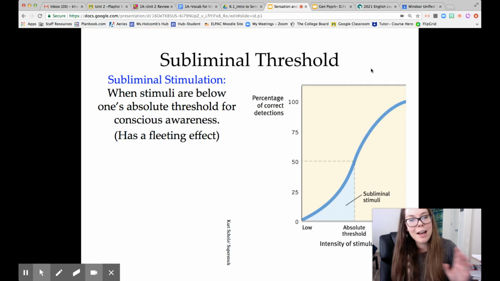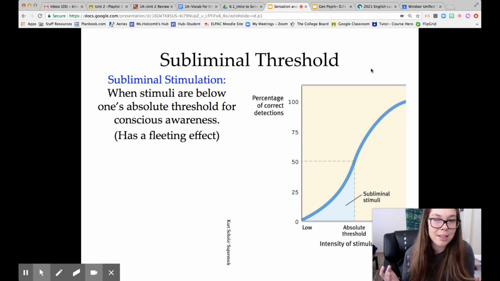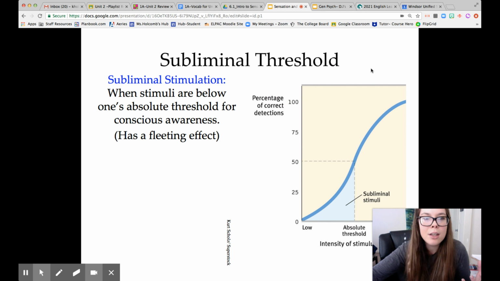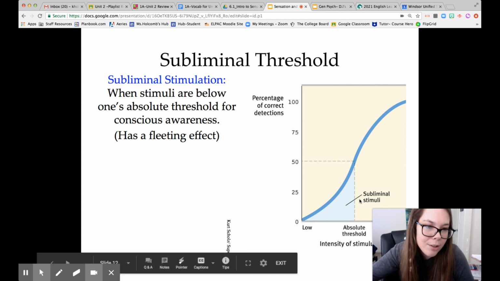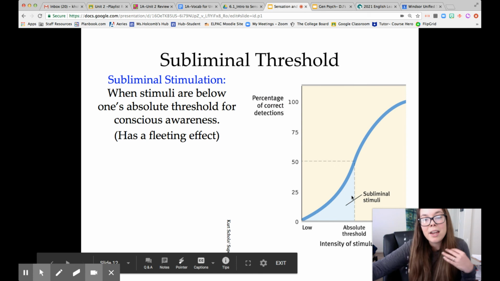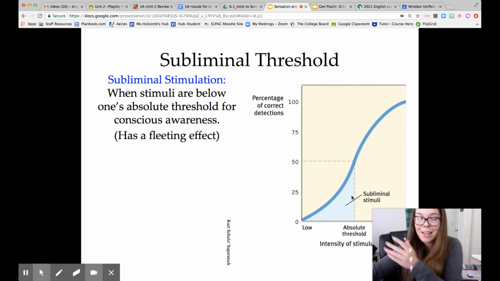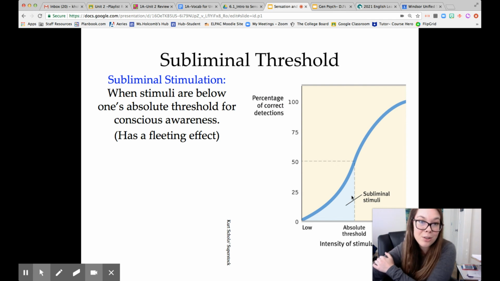For the last part of our intro on sensation and perception, we have subliminal stimulation. Essentially, when a stimulus is below a certain threshold, we do not feel it. If it's hovering right below the line on the graph, my example is mosquitoes. If you have a mosquito bite, it must have landed on you under your subliminal threshold and bit you because you didn't feel it.